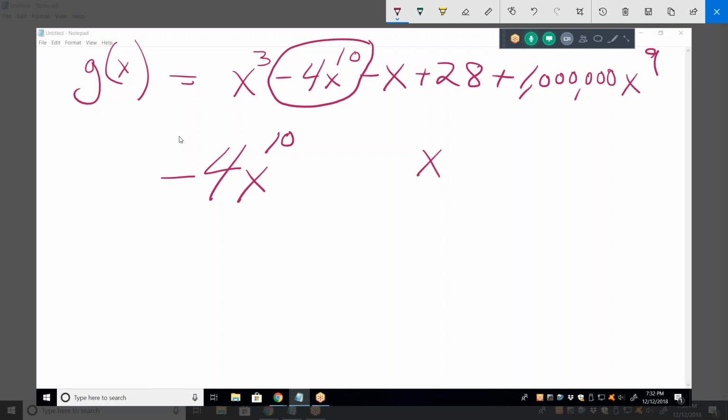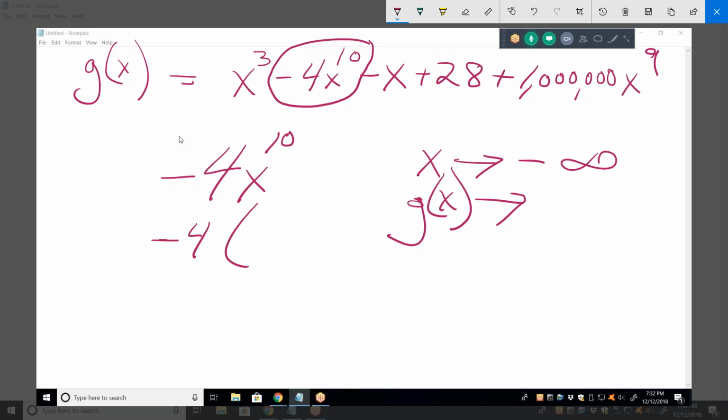Now, as x goes to negative infinity, what does g of x go to? Positive infinity. Look again. I'm going to plug negative infinity in for x. So this part goes to positive infinity, but I'm still multiplying it by a negative sign.